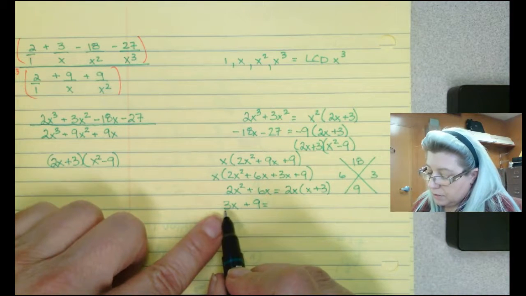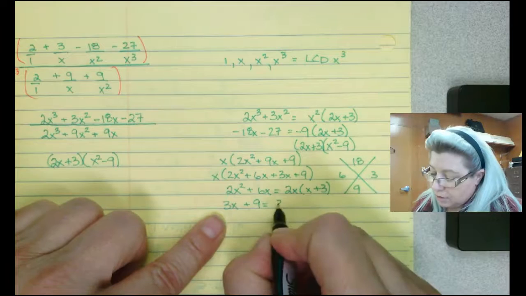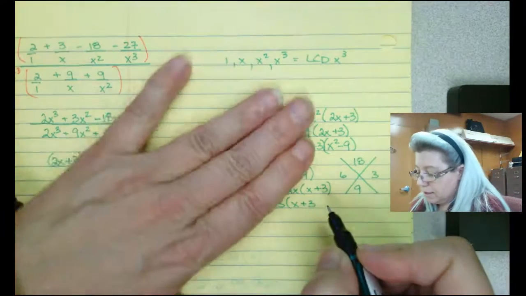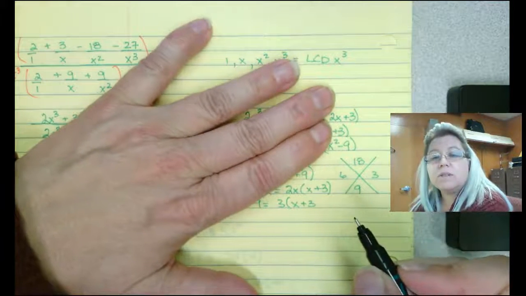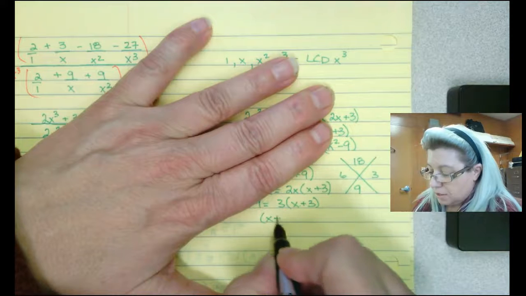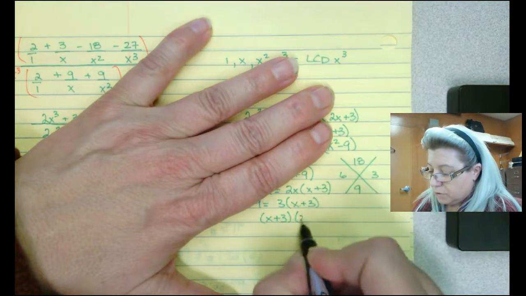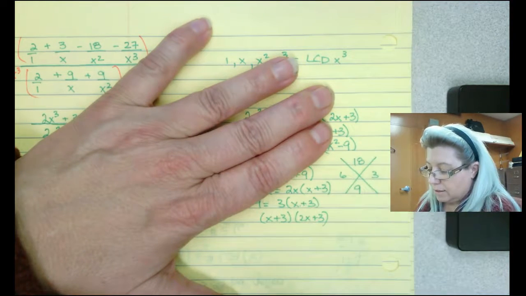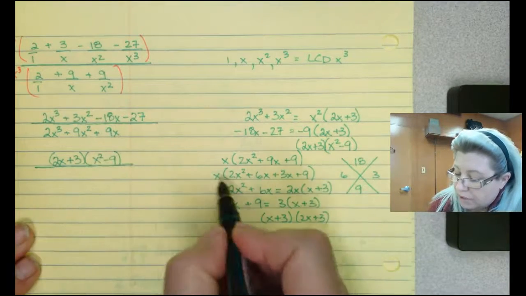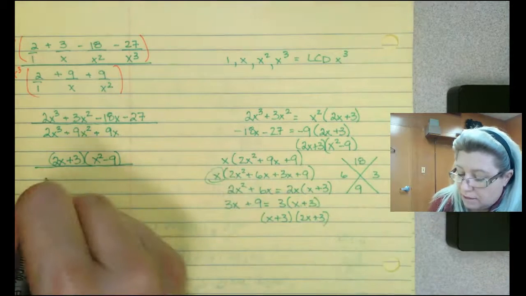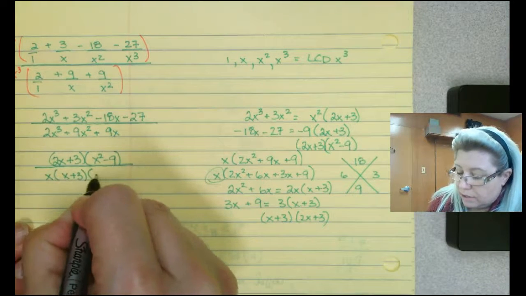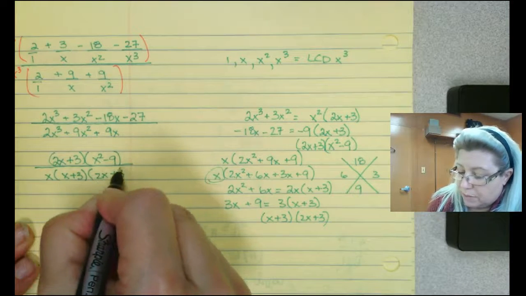And for the 3x plus 9, a 3 can be factored out, leaving x plus 3. Now looking at those two values, they have the x plus 3 in common, leaving 2x plus 3. So here's my new bottom value. Don't forget this x that's floating around: x times x plus 3 times 2x plus 3.